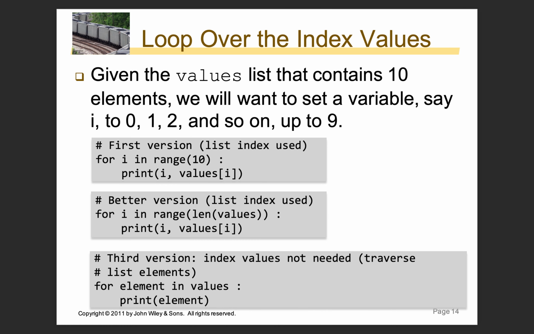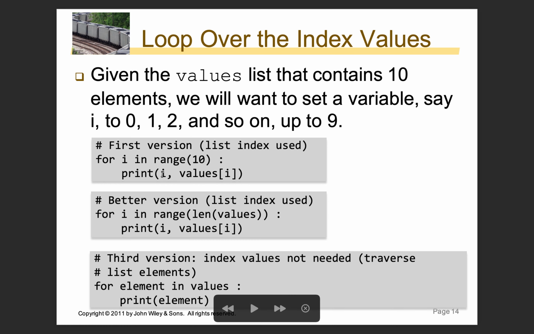Given the values list that contains 10 elements that we've looked at in all our examples, we will want to set up a variable, typically we call it I, and we will increment that variable from 0 all the way up to 9. So for I in range 10, I is going to go 0, 1, 2, 3, 4, 5, all the way up to 9.